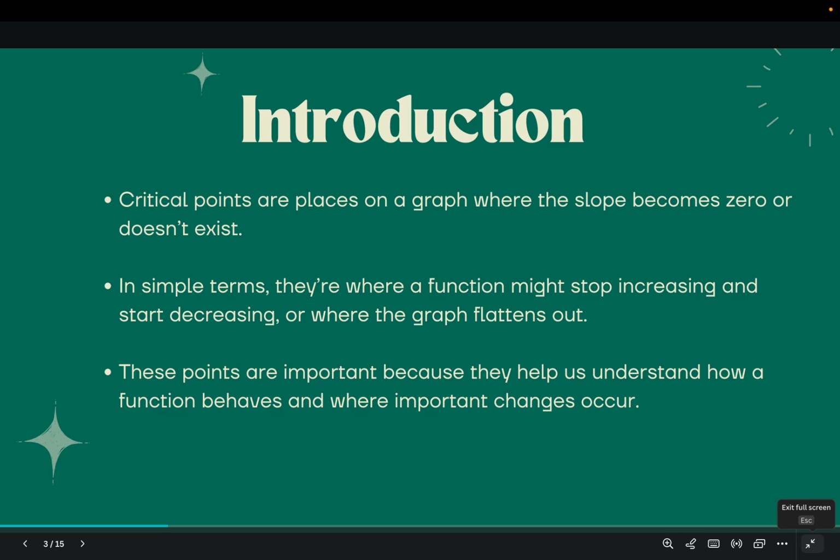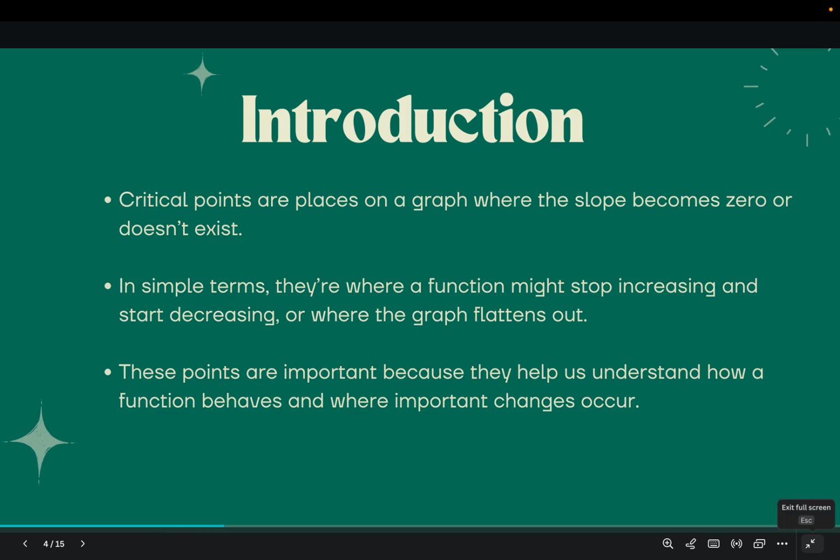As is stated here, they are where the function might stop increasing or start decreasing, or where the graph flattens out, where the gradient is 0. If the gradient is positive, it is increasing, if the gradient is negative, it is decreasing, and when the graph is flattened out, it is 0. So these points are important. Why? Because they help us understand how a function behaves and where important changes occur.